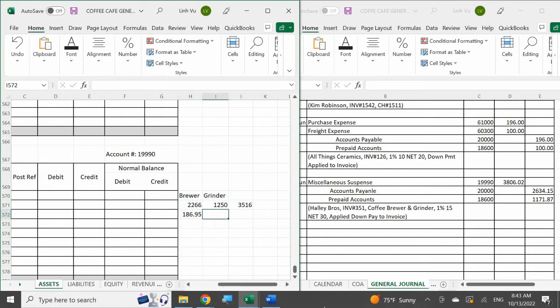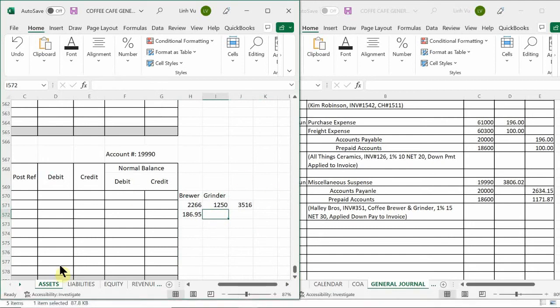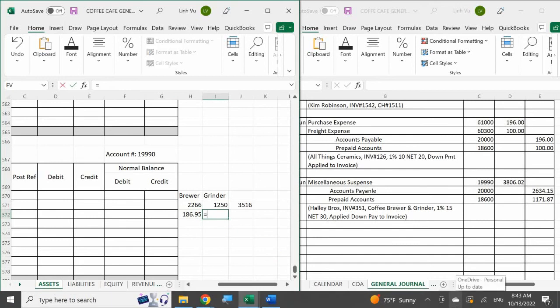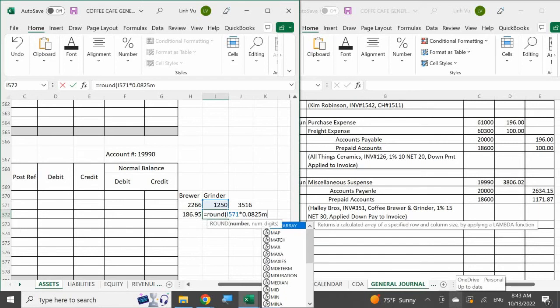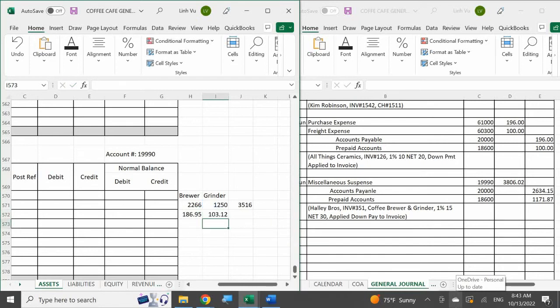Okay. What about the coffee grinder? How much tax is going to be on the coffee grinder? $103.13. Okay. Let's add those up. Is that true?